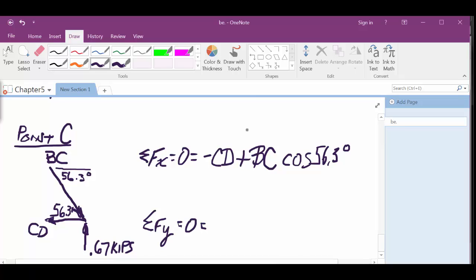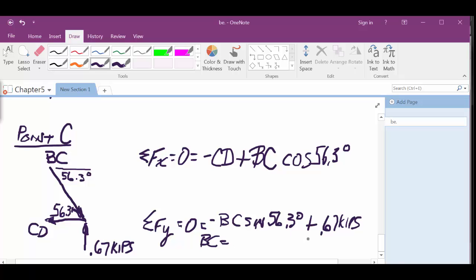So it's static. And let's see, I've got negative BC sine of 56.3 degrees plus 0.67 kips. Solve for BC now, can't I? So BC goes to the other side of the equation, becomes positive.